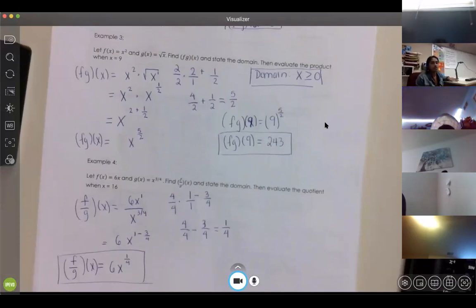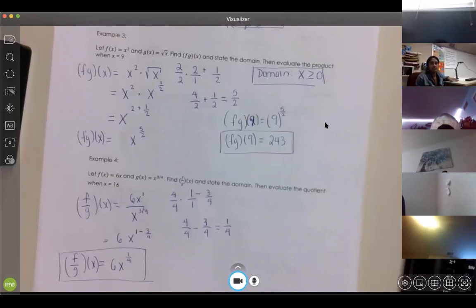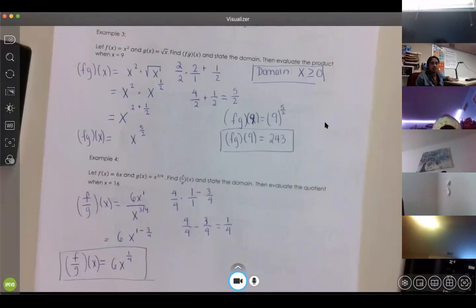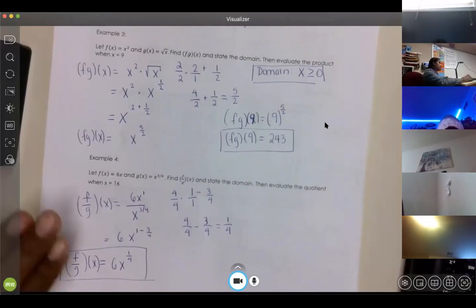Any questions so far? All right, then evaluate the quotient when x equals 16, but actually before we do that, we have to find the domain.